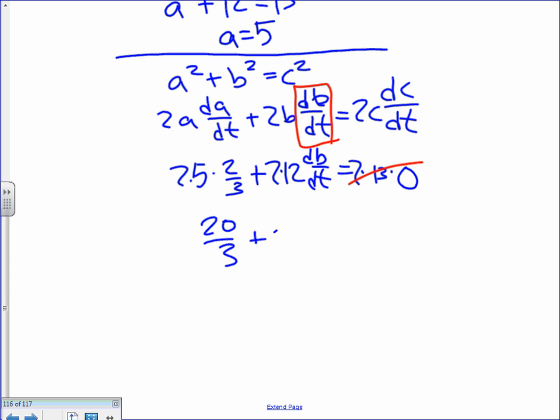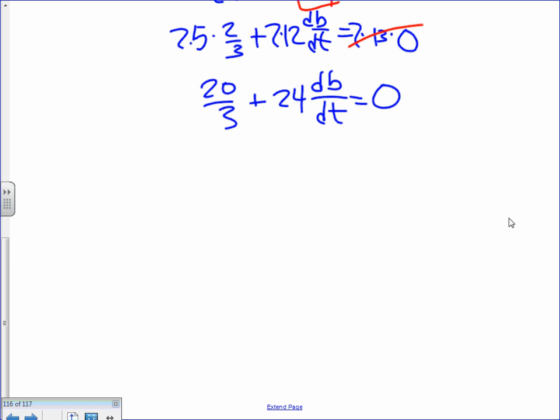20/3 plus 24 dB/dt equals 0. I subtract my 20/3 and I get 24 dB/dt equals negative 20 over 3, not 4, 3.